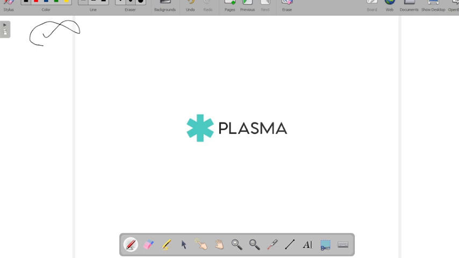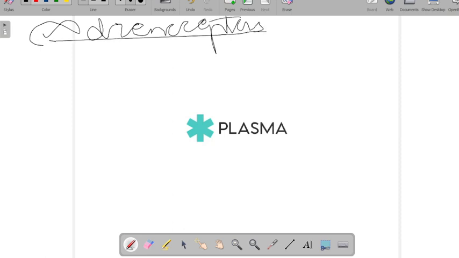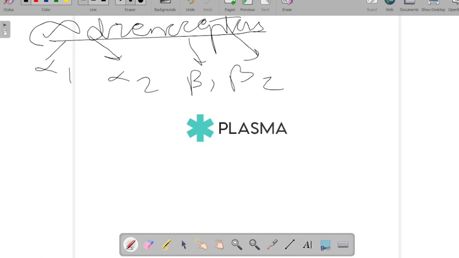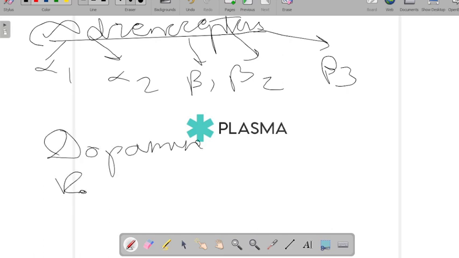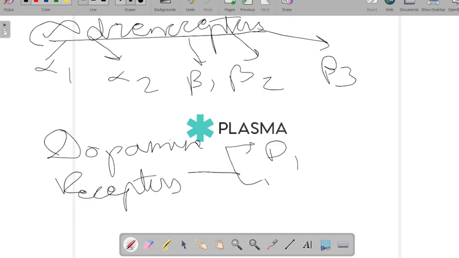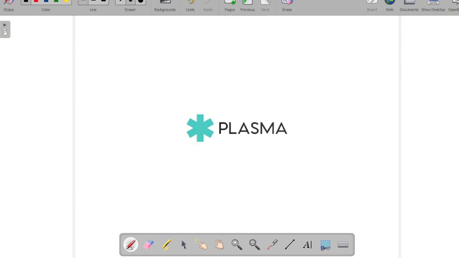Now we come to adrenoceptors. Okay. So they're alpha 1, alpha 2, beta 1, beta 2, and beta 3, and dopamine receptors, which are D1, D2, D3, D4, and D5. Right? So we'll discuss them individually.